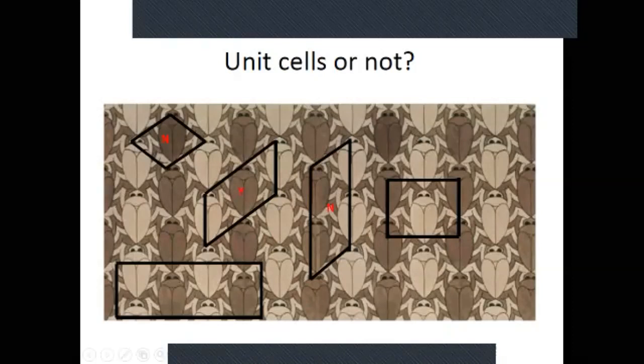Now if we look at the next square, here we have this as our original set of 4 lattice points.